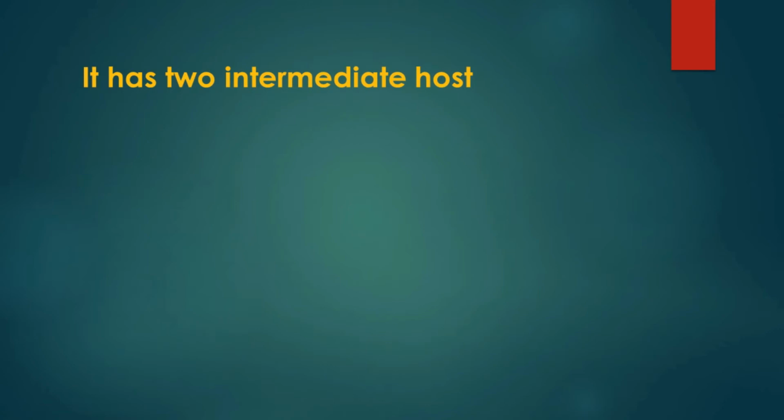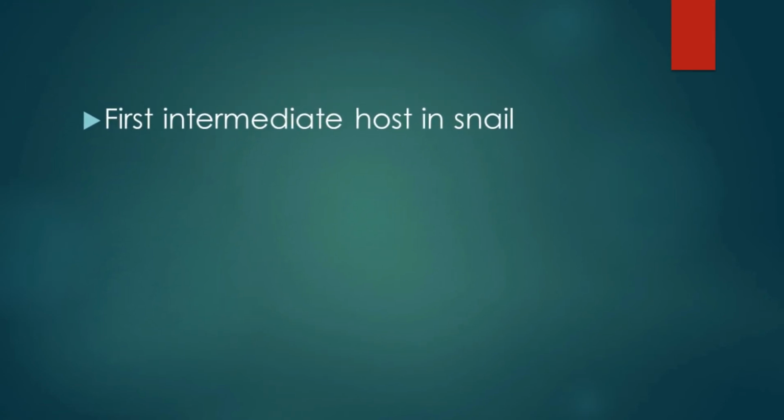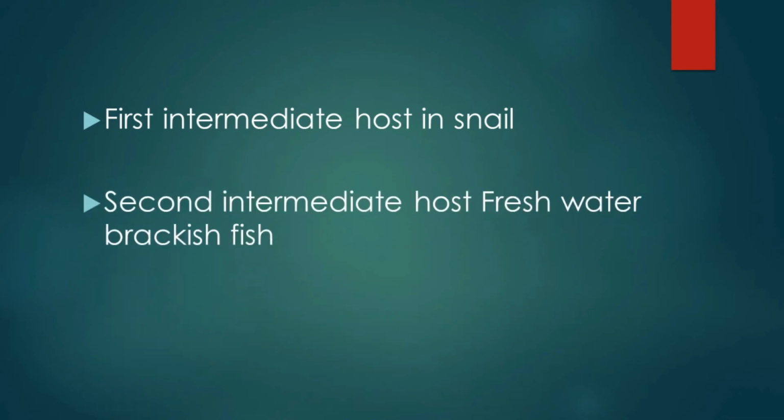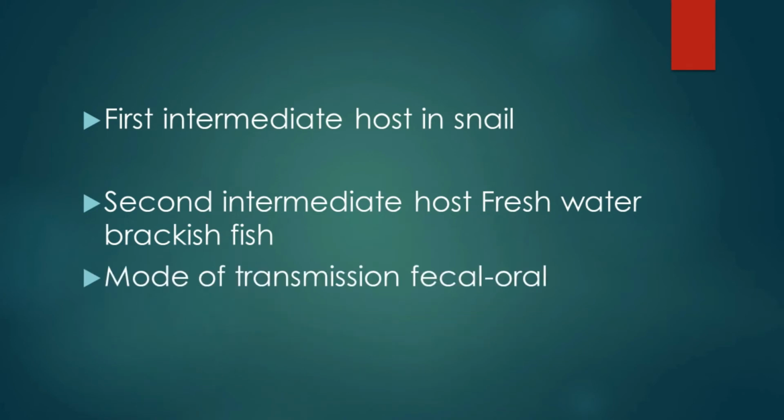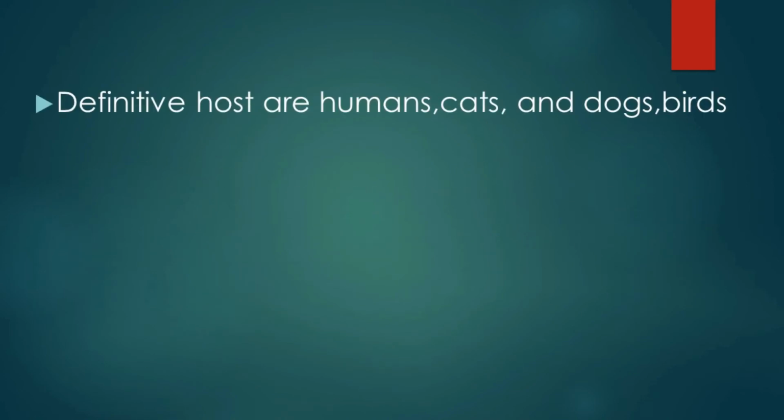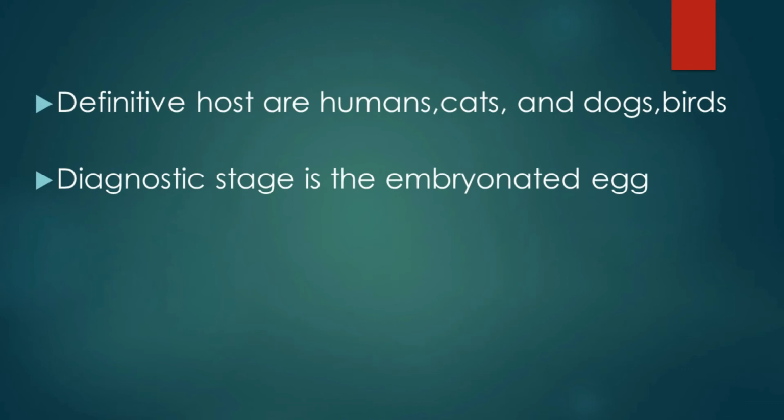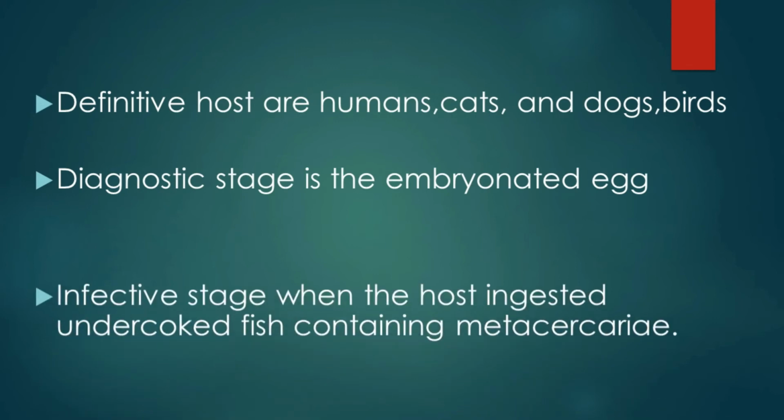It has two intermediate hosts. The first intermediate host is the snail. The second intermediate host is the freshwater or brackish fish. Mode of transmission is fecal-oral. Definitive hosts are humans, cats, dogs, and birds. The diagnostic stage is the embryonated egg.